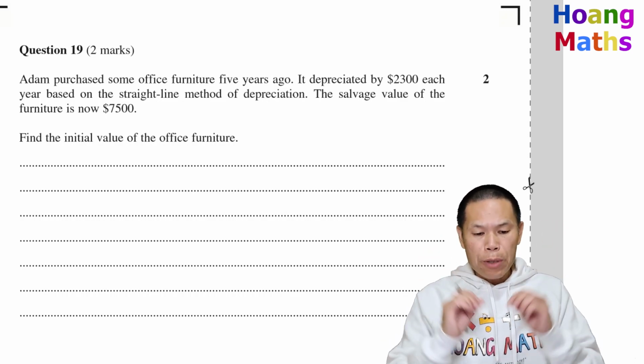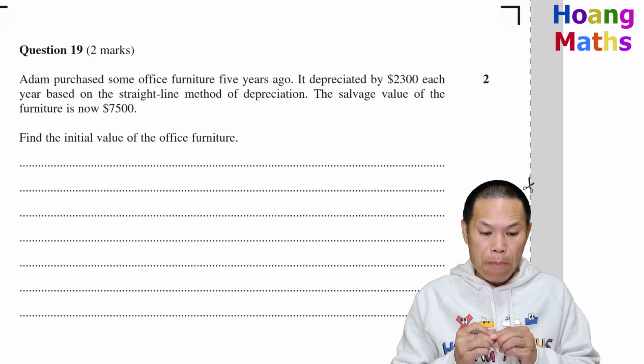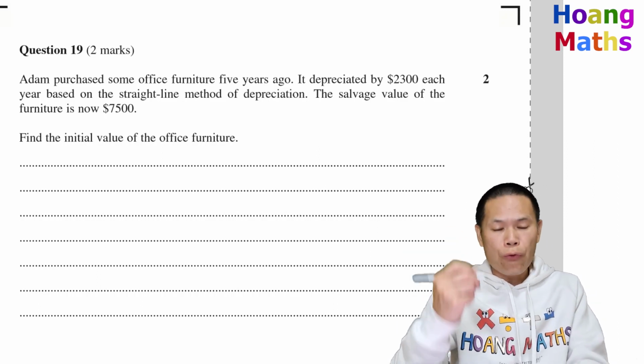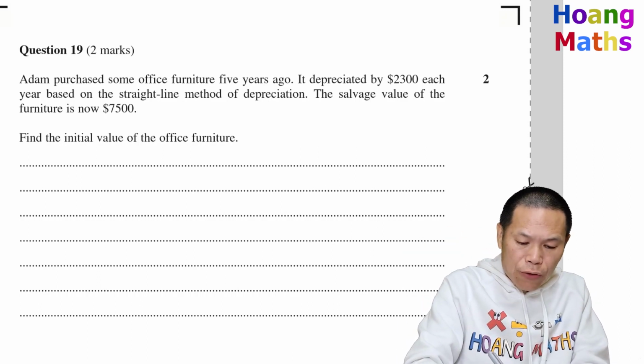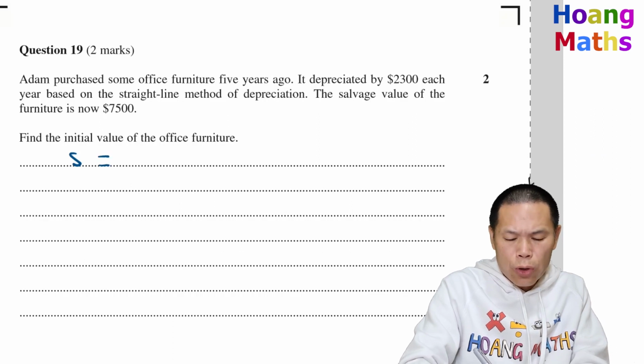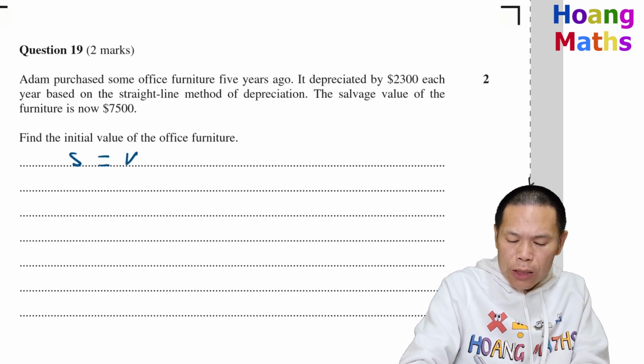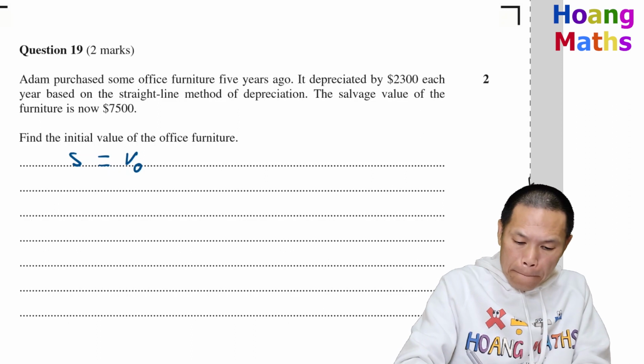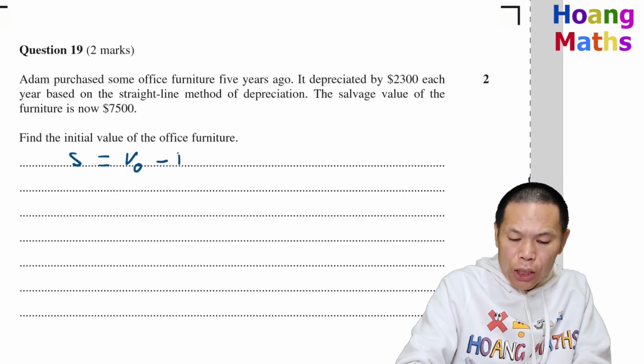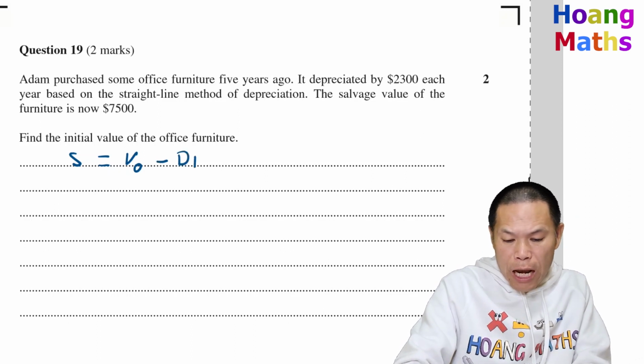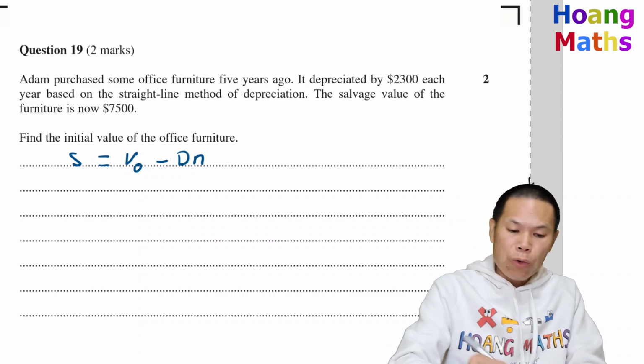So to work this out, because of the straight line method, we know the rule is: salvage value is equal to the purchase value, that is V0, minus the depreciation each year times the number of years.